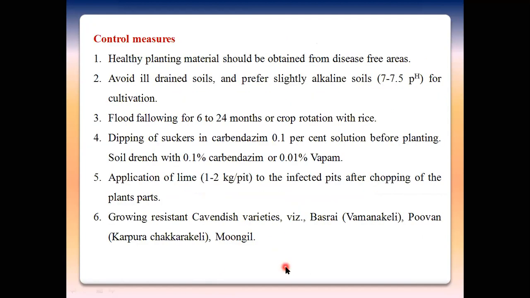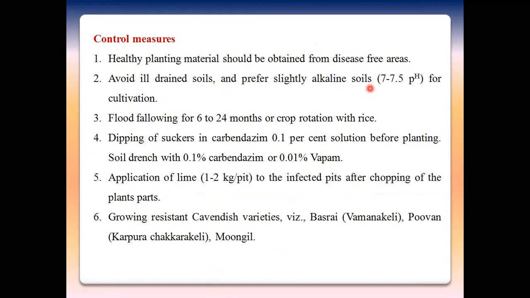Then last, the control measures against this Panama wilt. First, healthy planting material should be used or obtained from disease-free areas. Then avoid ill-drained soil and prefer slightly alkaline soil, because this Fusarium disease is initiated in acidic soil.